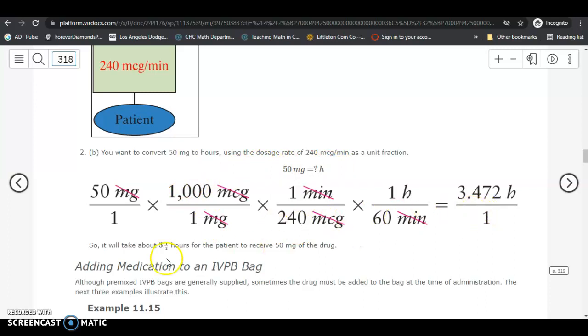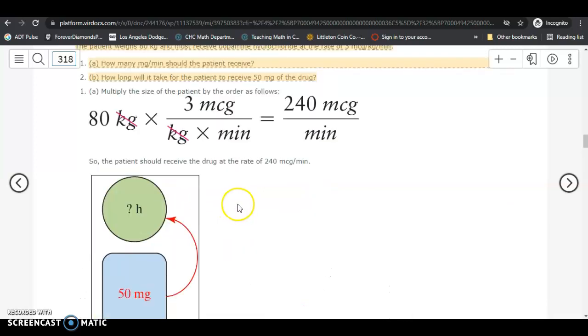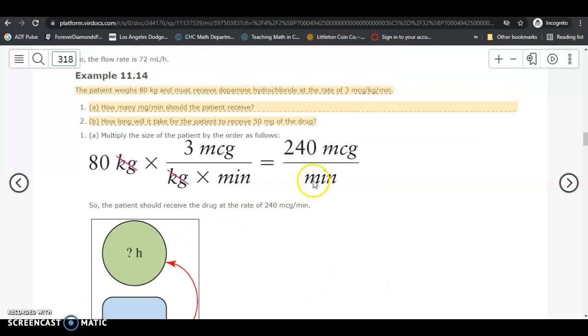It does look like in the second part of the question they take a similar approach. I see they take the 50 milligrams and convert it into micrograms. But remember, the dosage rate should already be given in milligrams.